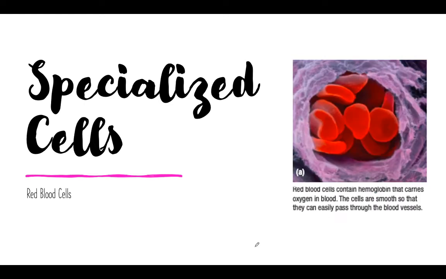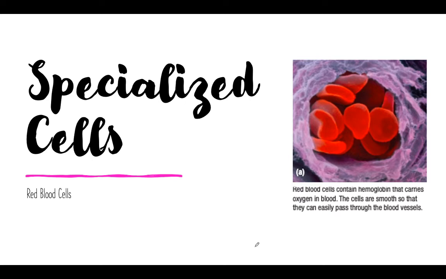Moving on to red blood cells. So these are the cells that make up our blood. They contain hemoglobin, and hemoglobin is a protein that holds on to oxygen, right? So when we breathe in oxygen into our lungs, that oxygen is then transferred to our blood, and that takes that oxygen to different parts of our body.